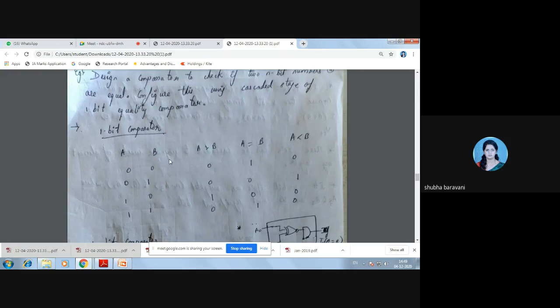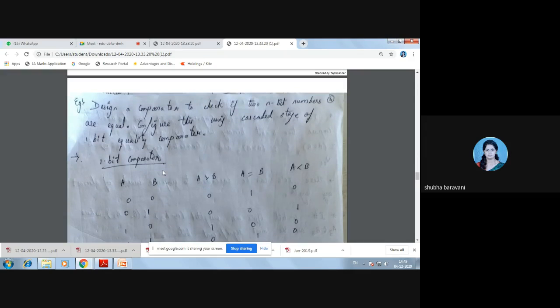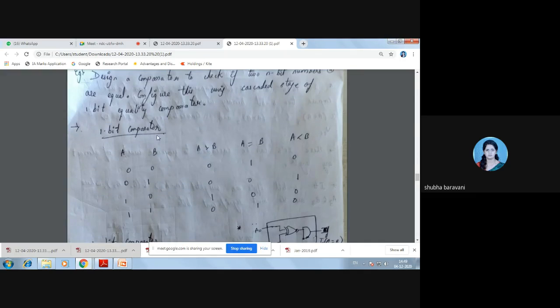So first part we'll do what we have done here. I have drawn the truth table for one bit comparator.